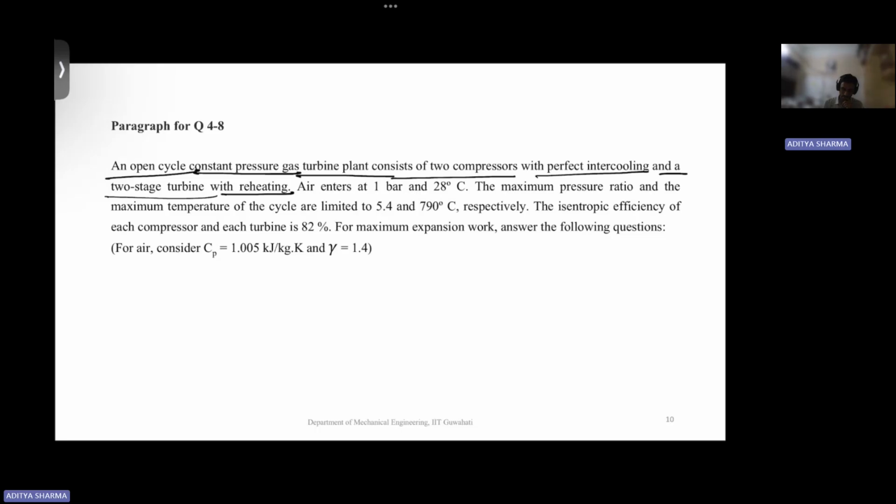Okay. So air enters at 1 bar and 28 degrees Celsius. Maximum pressure ratio and the maximum temperature of the cycle are limited to 5.4 and 790 degrees Celsius respectively. So pressure ratios have been given this. So 5.4 is for cycle, and maximum temperature at the exit of your combustion chamber is 790 degrees Celsius.